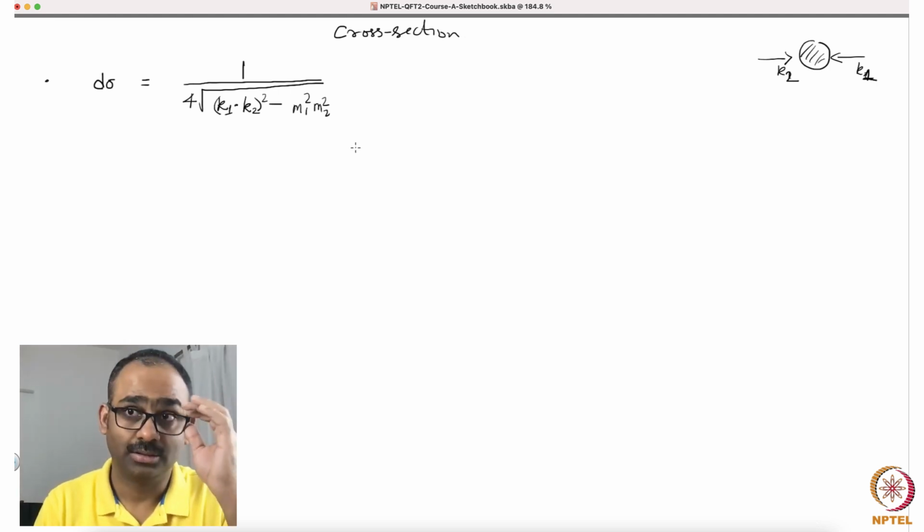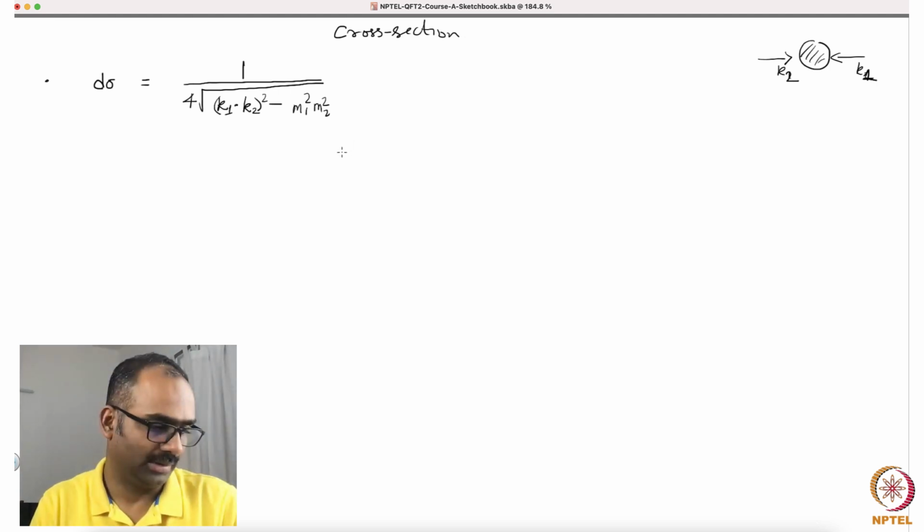Then you have all these differential elements. These correspond to the final state particles.